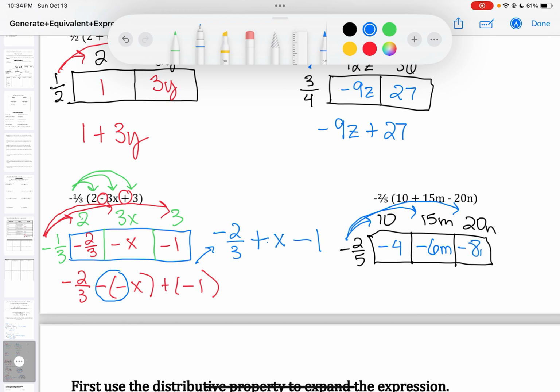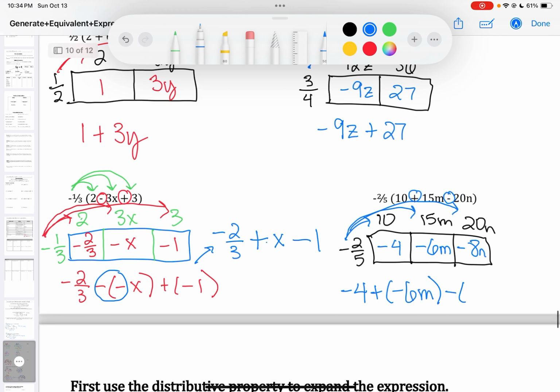And again, we're going to keep our variable. So our terms started off being all positive, and since we multiplied by a negative number, we ended up with negative terms. So now I can rewrite this as a -4 plus, so we have a plus sign here, -6m minus, because we have a subtraction symbol, -8n.